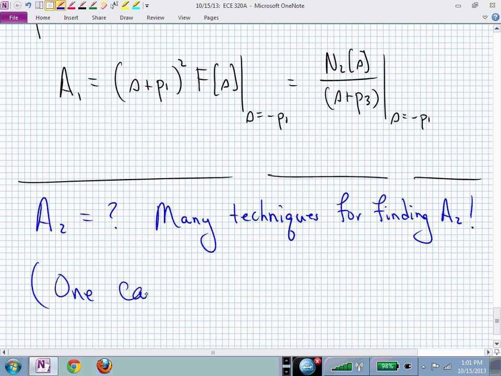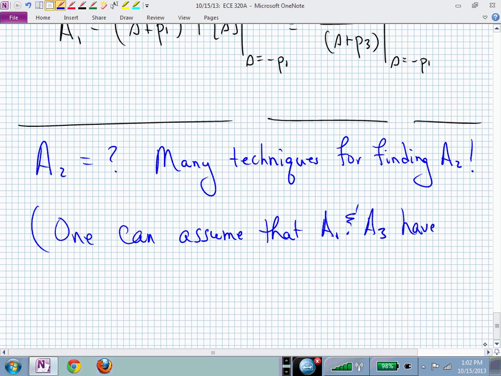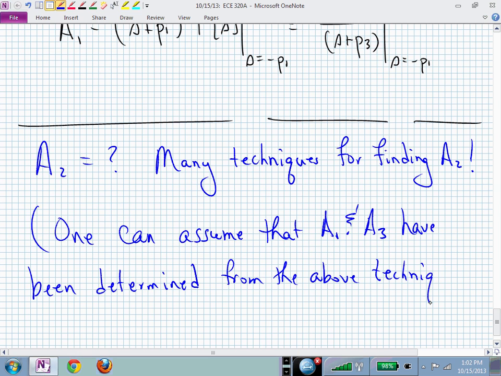One can assume in this example that A1 and A sub 3 have been determined from the above technique. And by that I mean the case 1 technique.